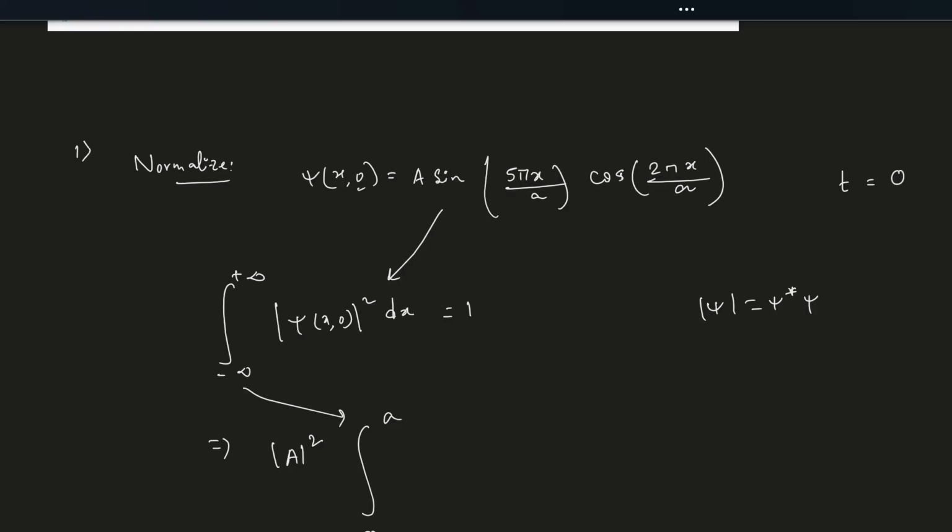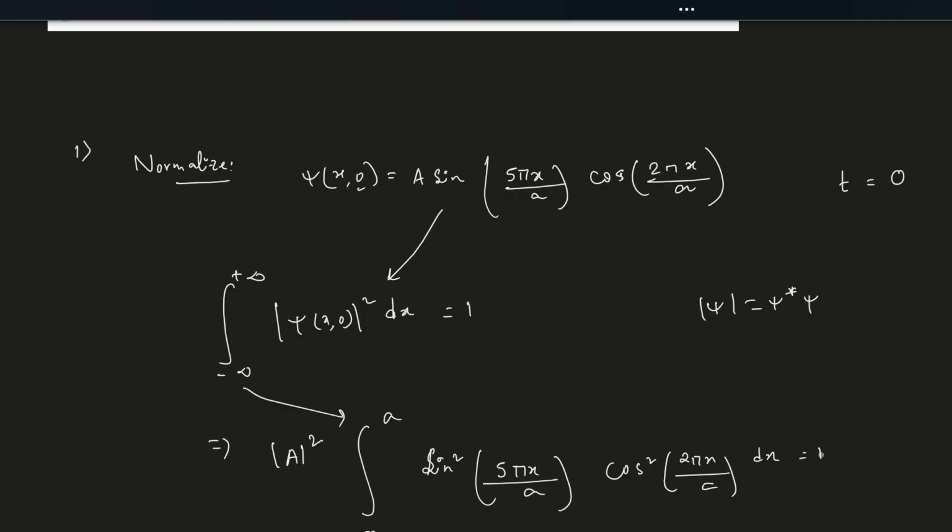That means psi is equal to 0 everywhere except from 0 to a, the box, which has a size of a. That means it does not make sense to take the integral from minus infinity to plus infinity. So we'll only take from 0 to a, and then it is sine squared(5 pi x by a) cos squared(2 pi x by a) dx equal to 1.